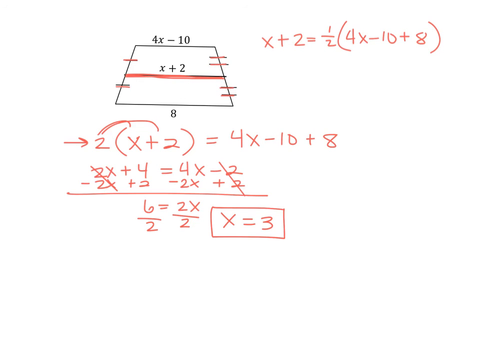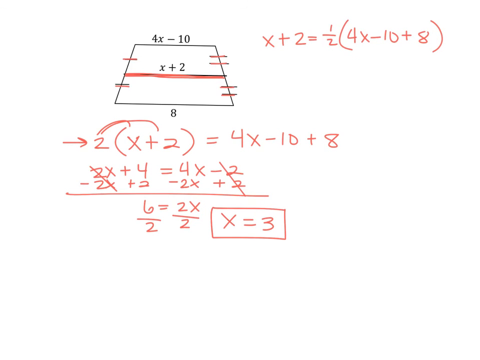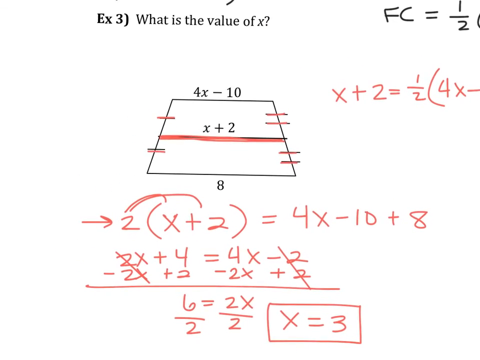Here's the thing with this. You can always plug that back in, and let me just show you what will always happen here. If you plug it back in, I plug in a 3 here and a 3 here. 3 plus 2 is 5, so the length of the mid-segment is 5. The length of this one is 8. The difference between those is 3 units.